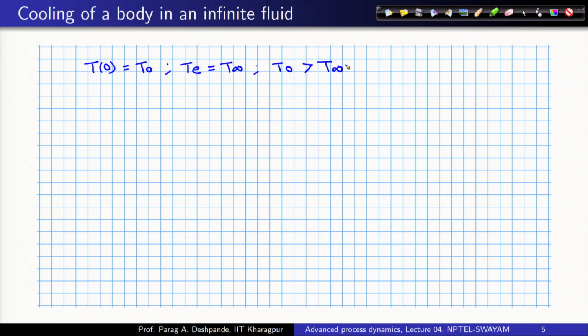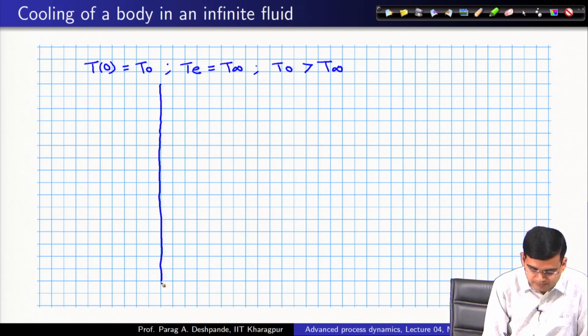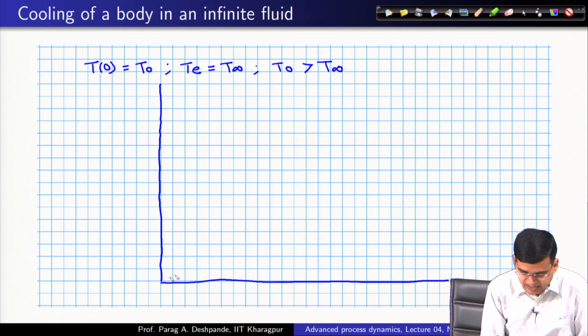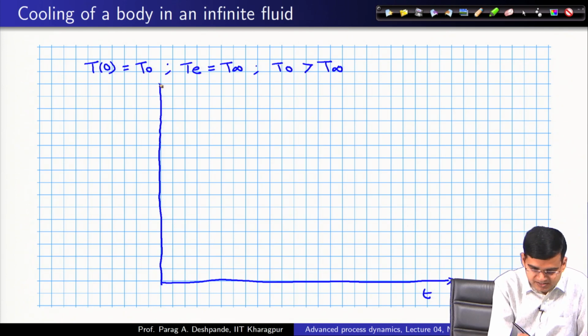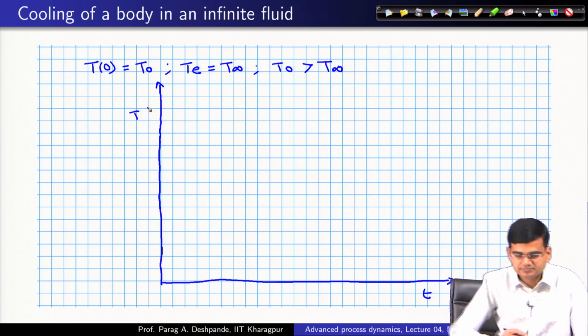Okay. T 0 is greater than T infinity. So, again I will draw the axis, this is time, this is temperature. Okay.